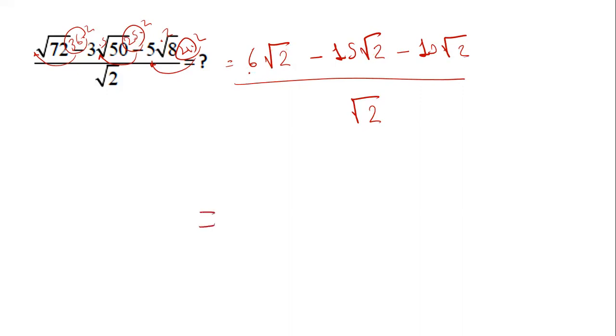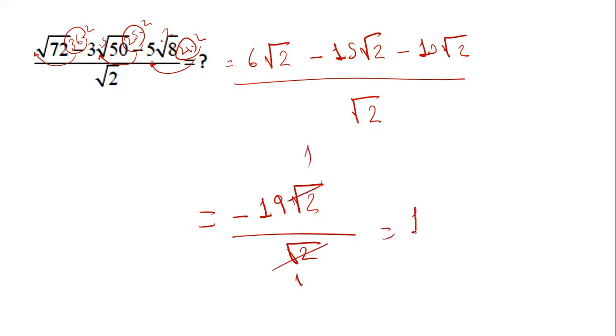Then I got 6 minus 30 minus 10 will give me negative 19 root 2 over root 2. And then I simplify this and this to each other, which is going to be negative 19. Your final answer.